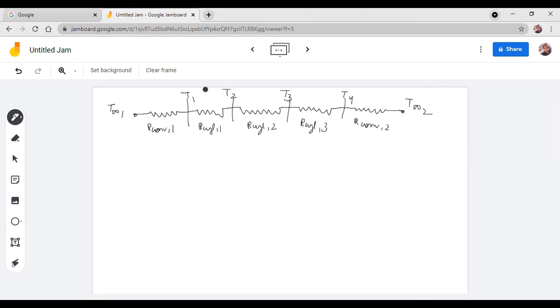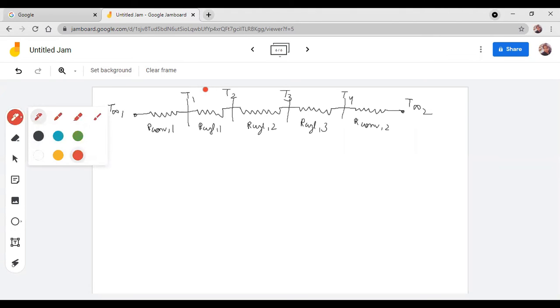So we can see that T infinity 1, T infinity 2 are temperatures which are outside of the surface, these are ambient temperatures, and T1, T2, T3, T4 are intermediate temperatures. So let us look at how they can be found.